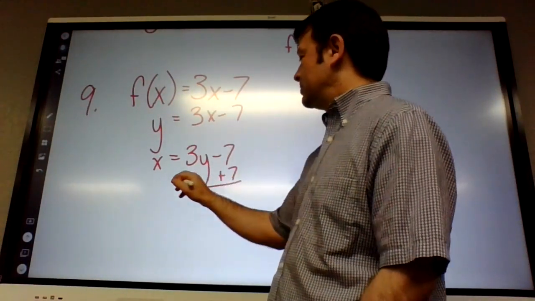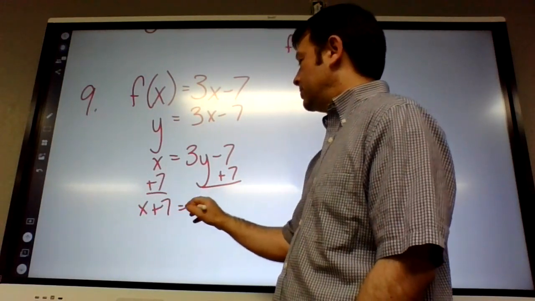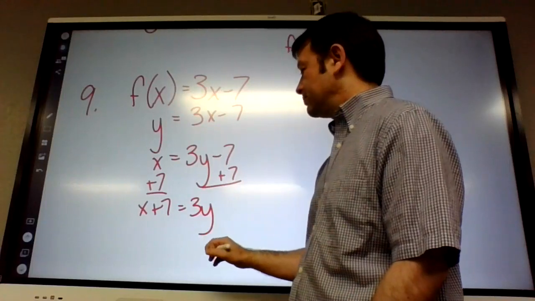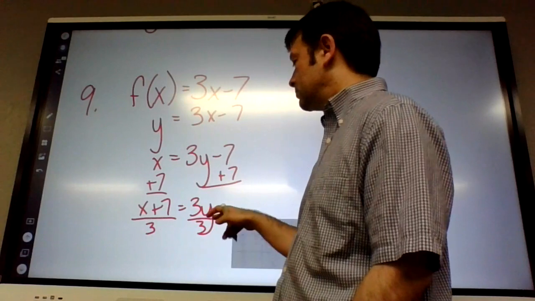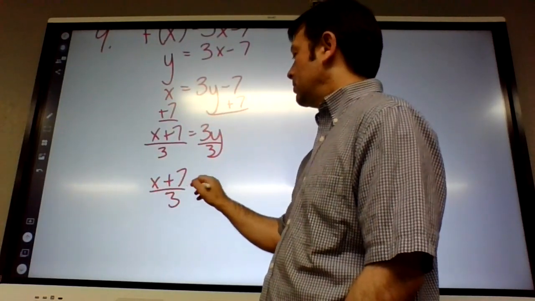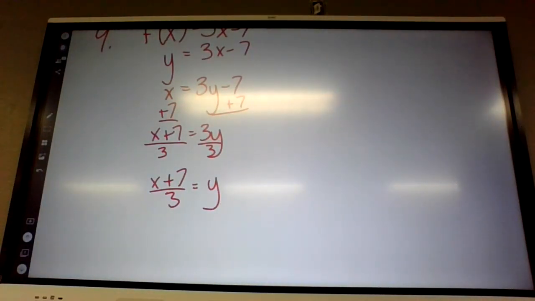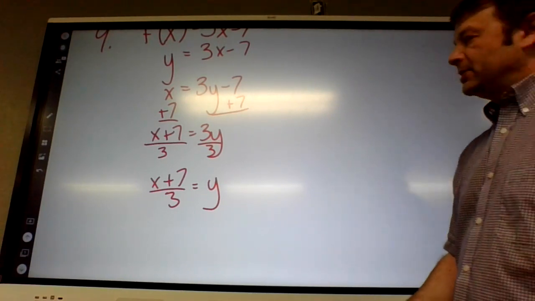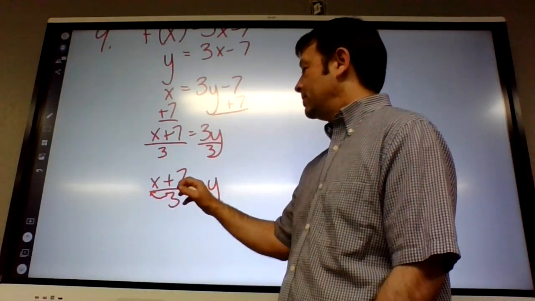Plus 7. Get y by itself here. x plus 7 equals 3y, and then what? Okay, if we weren't graphing, I would leave it like that. But since we are graphing, I kind of want it in slope-intercept form. So let's divide both of these by 3.